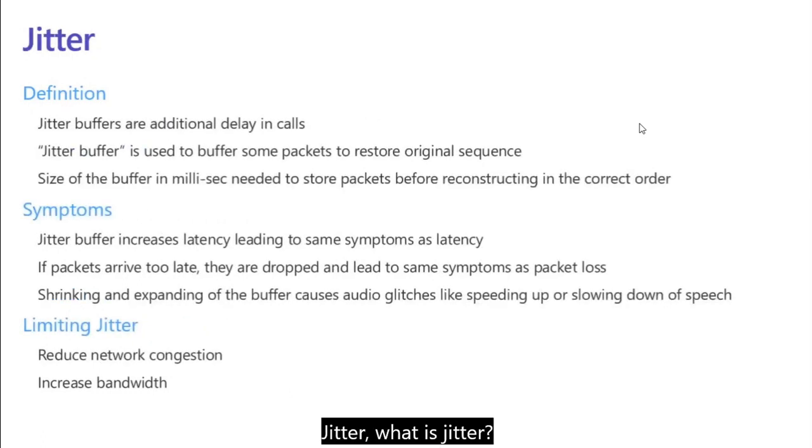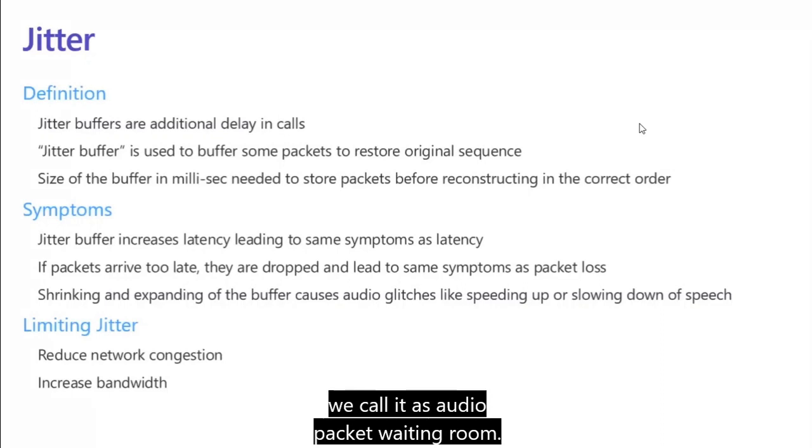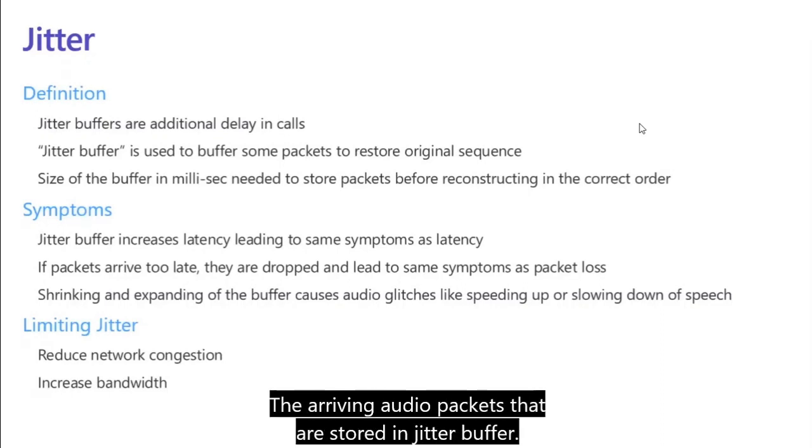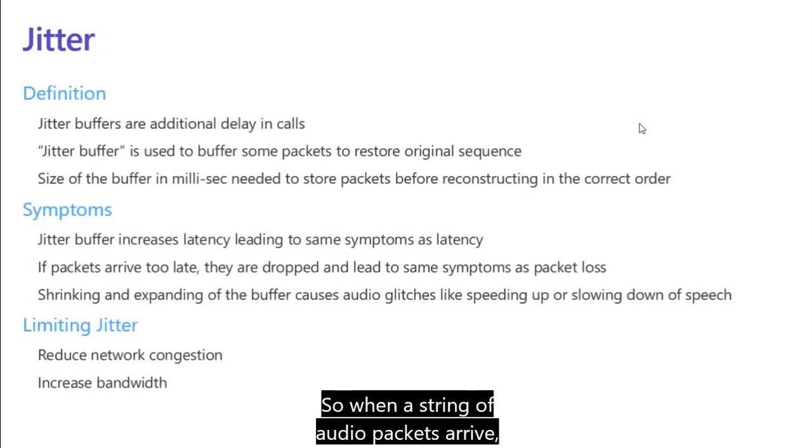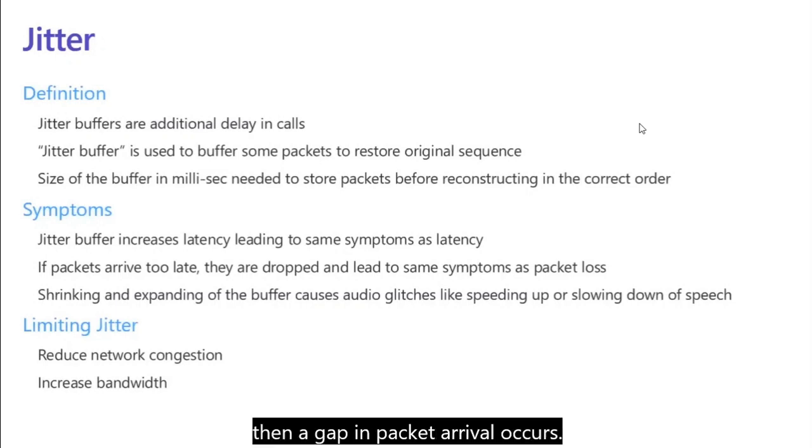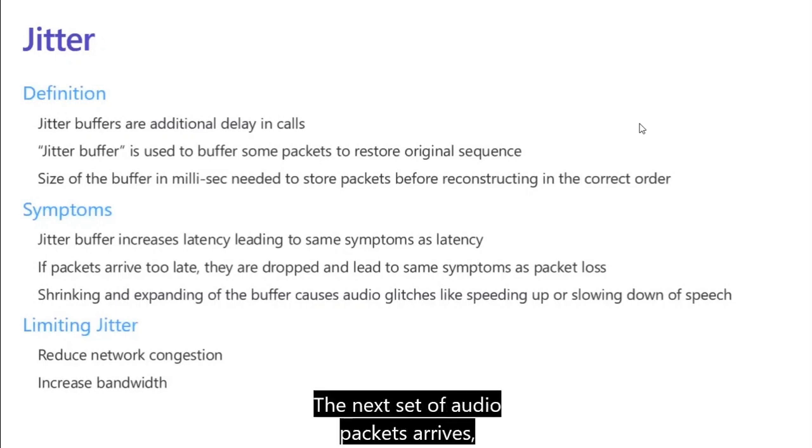Jitter, what is jitter? Jitter is a buffer. We call it an audio packet waiting room. The arriving audio packets are stored in the jitter buffer. So when a string of audio packets arrives, then a gap in packet arrival occurs, and the next set of audio packets arrives.